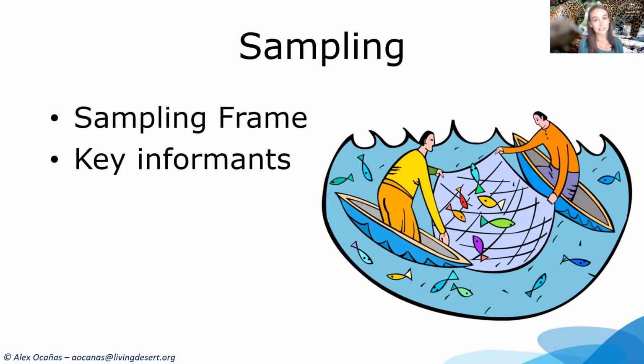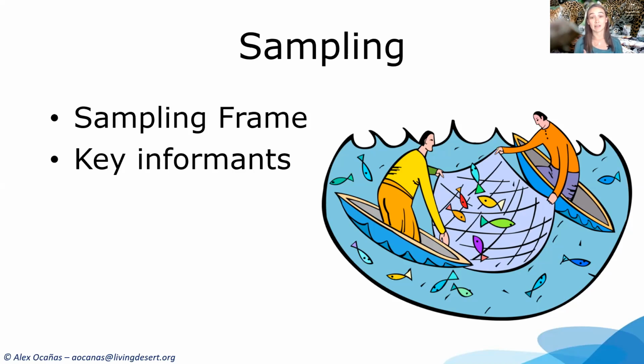And this is just a really fancy word to describe those people that we know have the information that we're looking for. So these are people who have very reliable access to the information that we want to know. We have a pretty good idea that their perceptions, beliefs, knowledge, ideas, etc., are relevant to what we're studying.